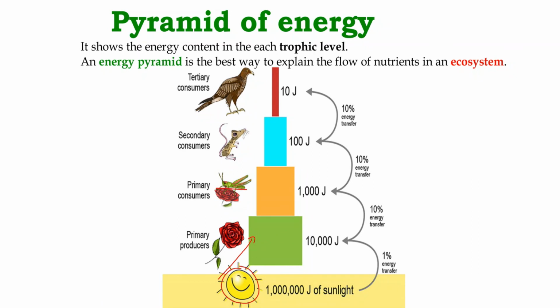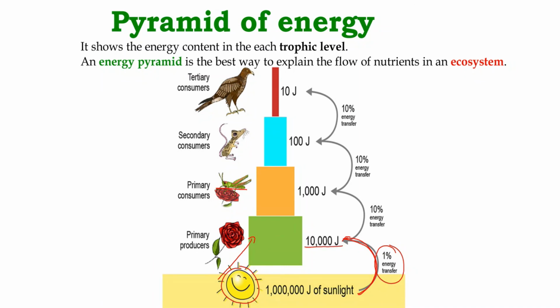Producers are eaten by consumers: primary consumers, secondary and tertiary consumers. But as we said before, in each level only about 10% of energy is transferred to the next level, while from the sun to the producers, only about 1% of energy is captured.